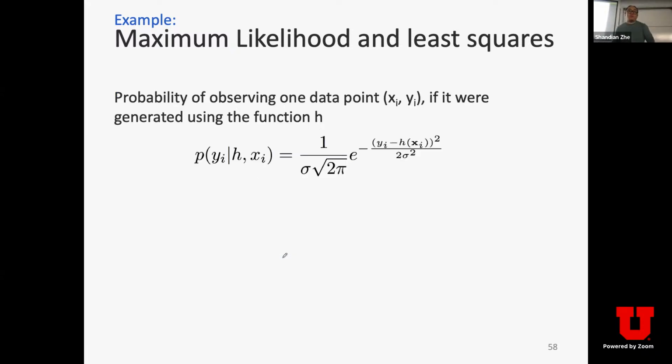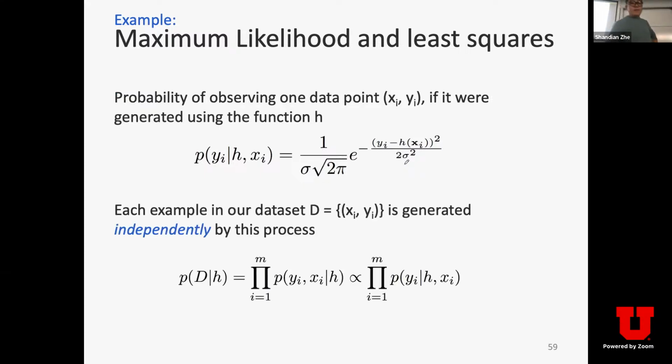If you write down the formula, the likelihood of yi given h and input xi will be a Gaussian of this form. This is just the Gaussian density, and sigma square represents the noise variance.